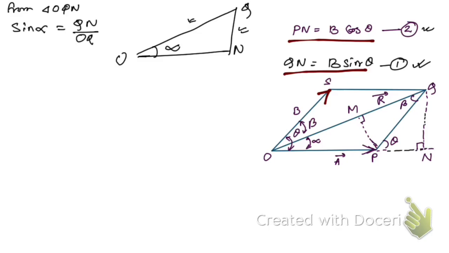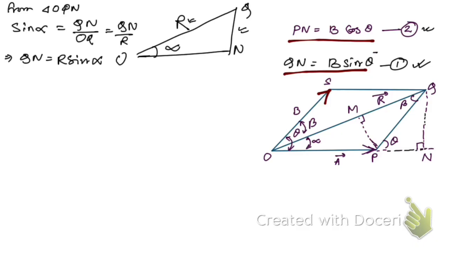OQ is nothing but the resultant R, so we can write sin alpha equals QN by R. So QN is equal to R sin alpha.